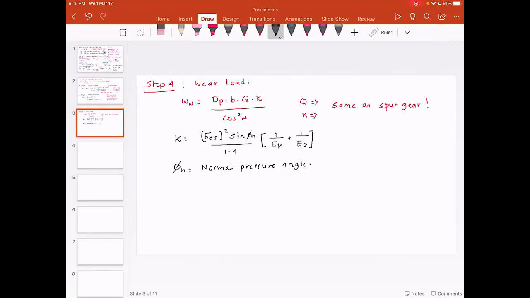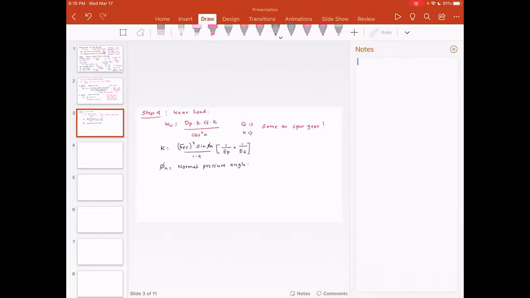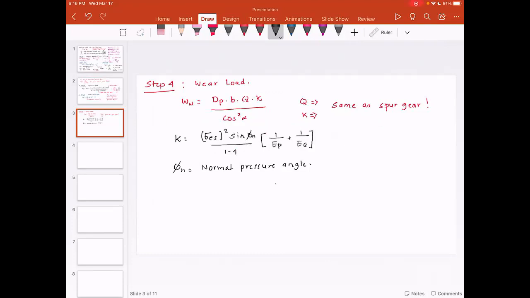So tan phi n is equal to tan phi divided by cosine alpha. This is an important relationship that you should remember.